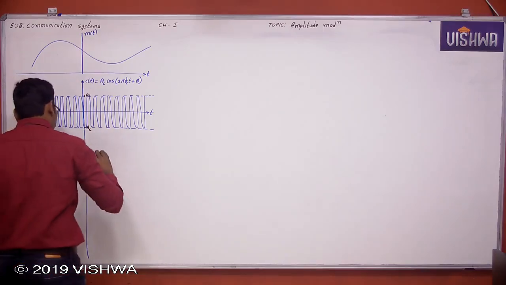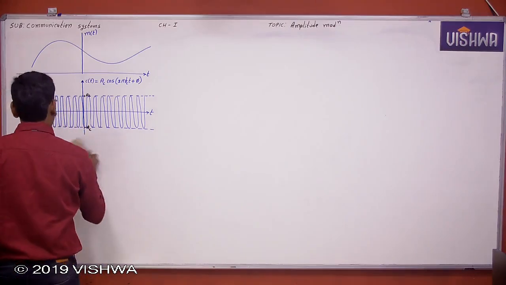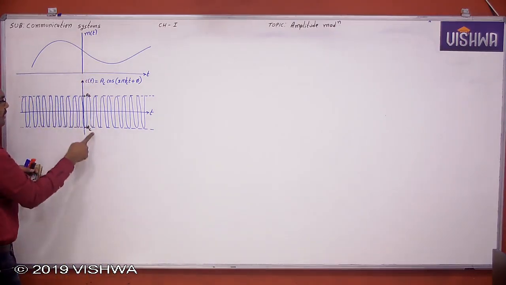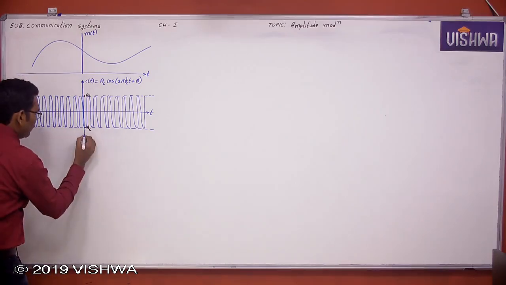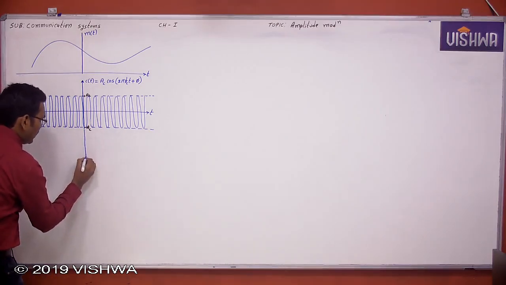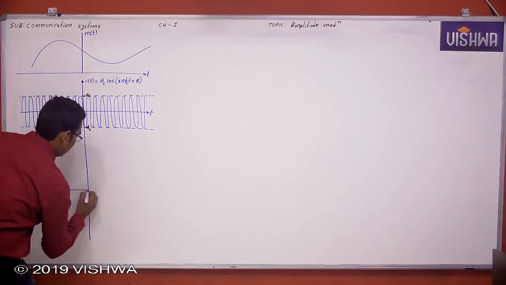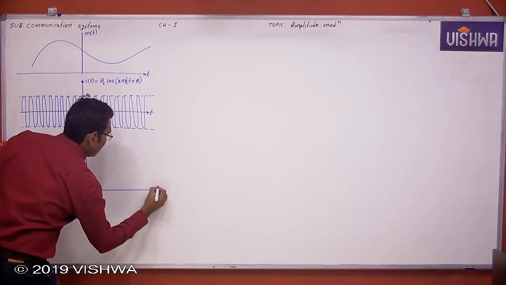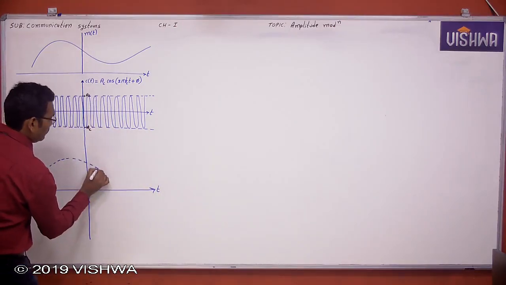Now whenever the modulation is done, what is the procedure for modulation? Whenever any signal is multiplied with a sinusoidal signal, what is the procedure I am writing? First draw the signal other than sine and cos. The signal other than sine and cos is the message signal.